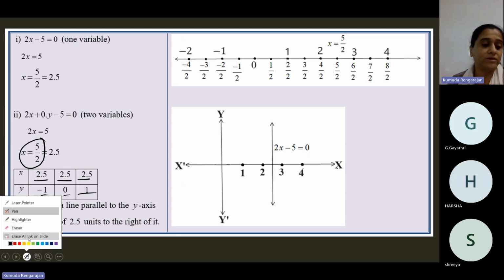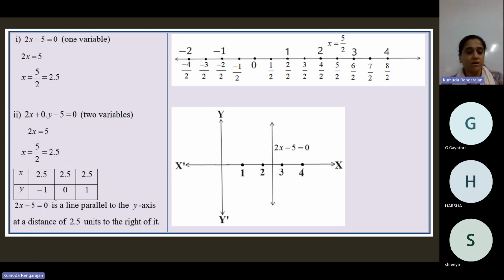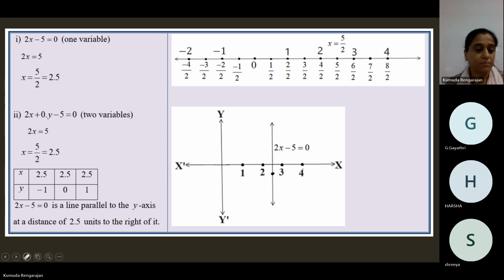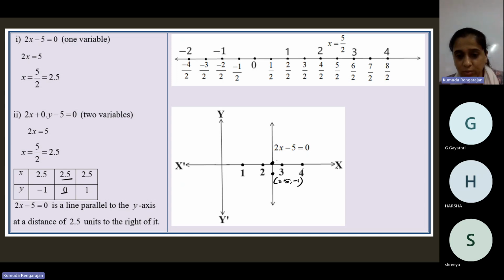Now plot these points. 2.5 comma minus 1. How do you plot 2.5 comma minus 1? It will be here. This is 2.5 comma minus 1. Then plot 2.5 comma 0. This only is 2.5 comma 0.